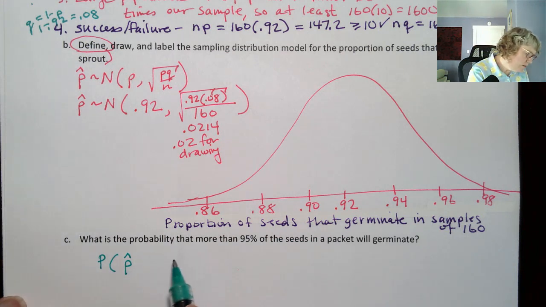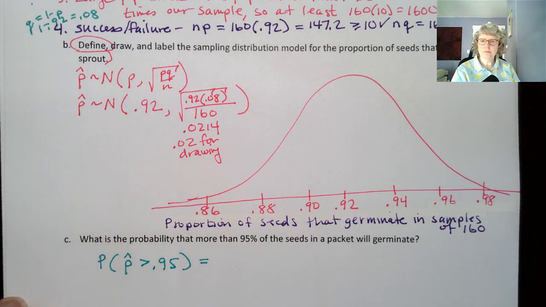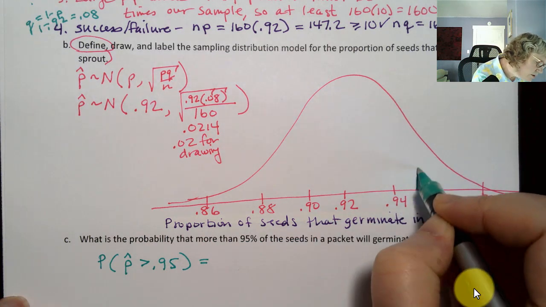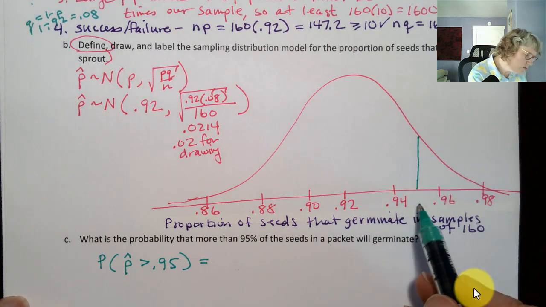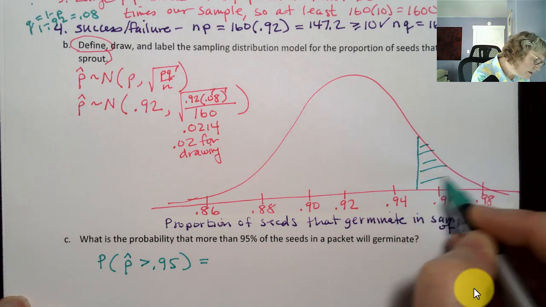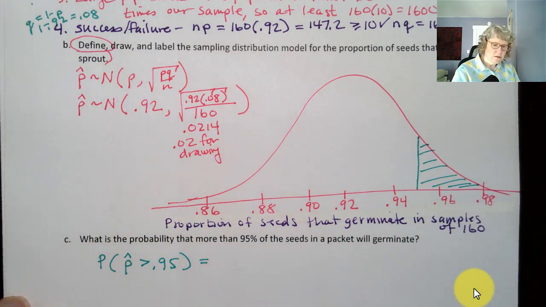So what's the probability that p hat is more than 0.95? And if you want, you can draw it on your diagram. So I'm going to go 0.95 is halfway between 94 and 96. That's the area that I'm looking for.